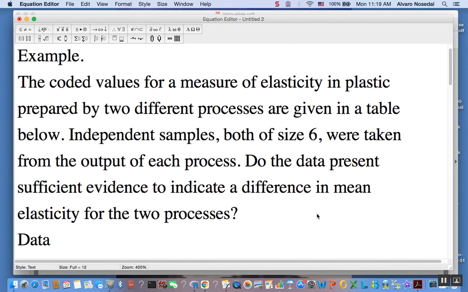We had this problem initially, where the goal was comparing the means of 2 independent populations.